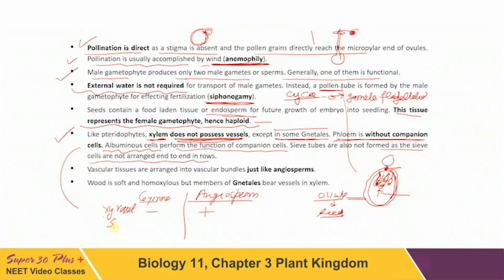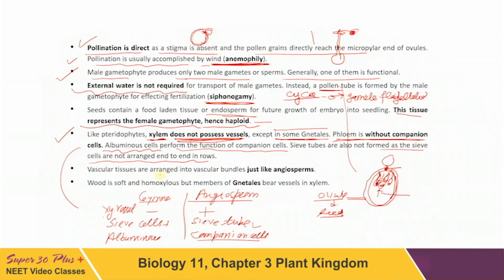On the other side, sieve cells are present in gymnosperms. In angiosperms, the sieve cells are arranged in the form of tubes, known as sieve tubes. In angiosperms there are companion cells, and in gymnosperms these are replaced by albuminous cells. You have to remember these differences in vascular tissue, right?